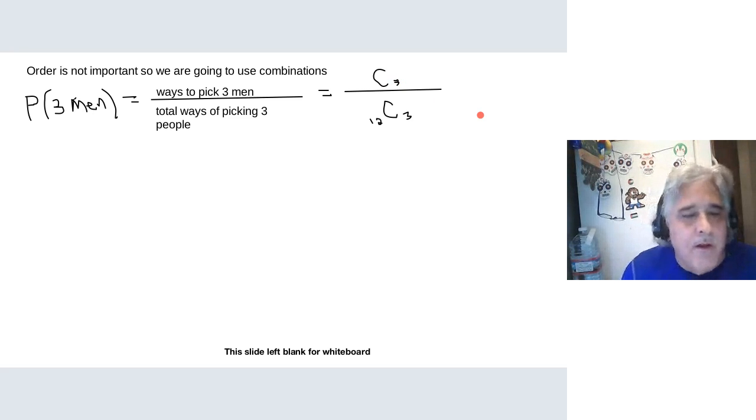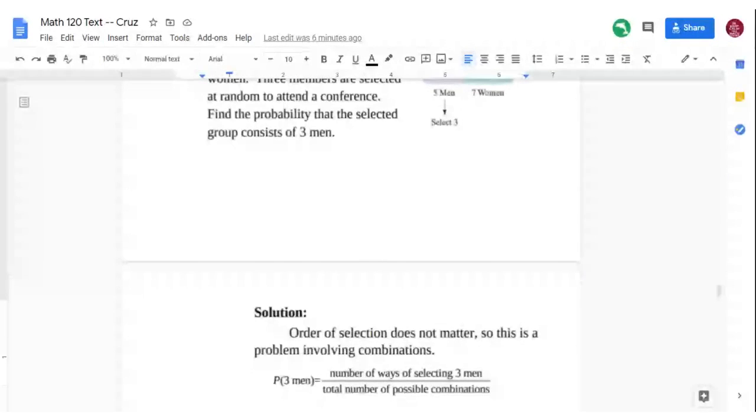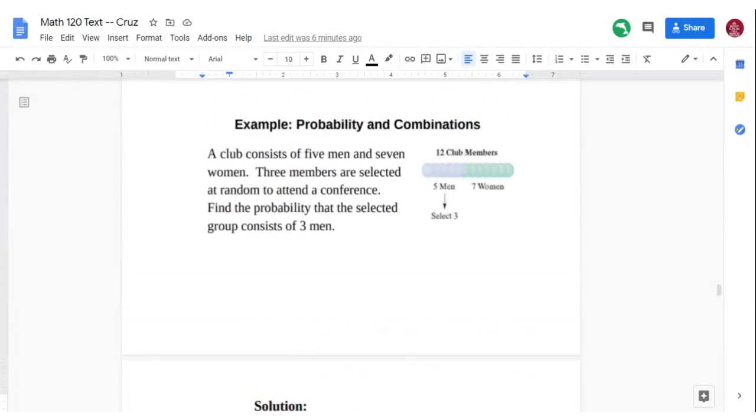Now, what's going to be the large number? Go back over here and look. What do you think the large number is going to be for that numerator? What are we picking from? What do we have to get our 3 men from?